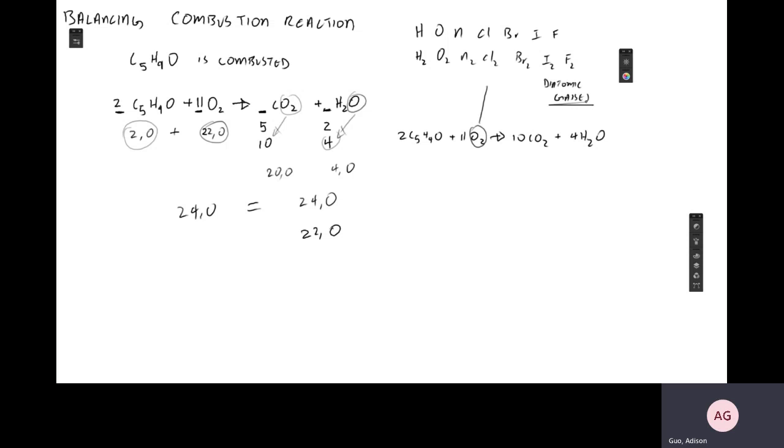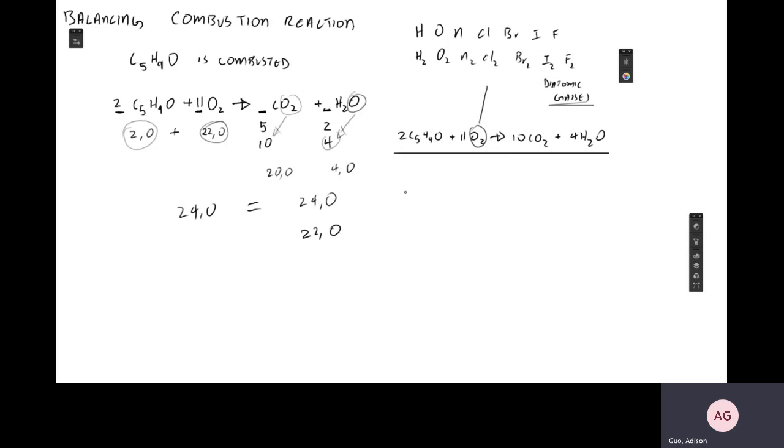So the quirk about these diatomic gases is that since effectively they're doubled, what we can do is we can actually put a fractional coefficient for a diatomic. So what you could do, and this is correct, this is the solution, one of the solutions to the balanced combustion reaction.